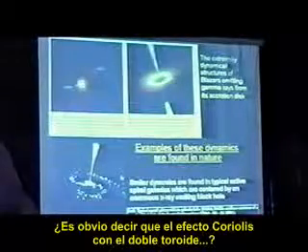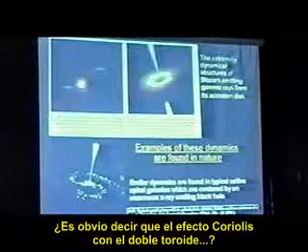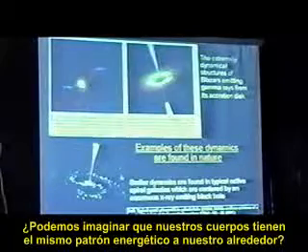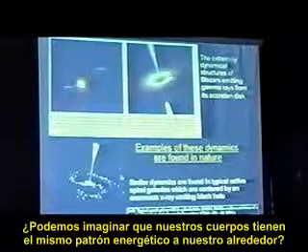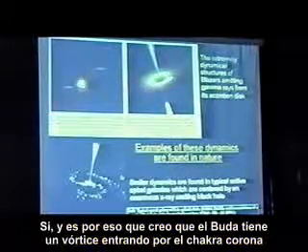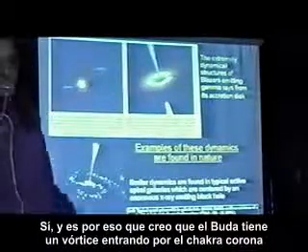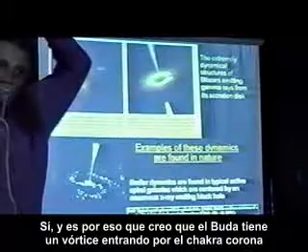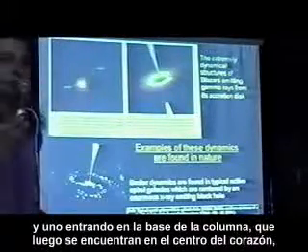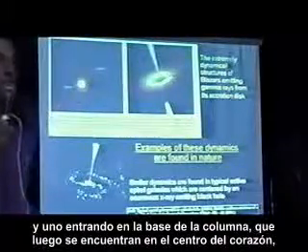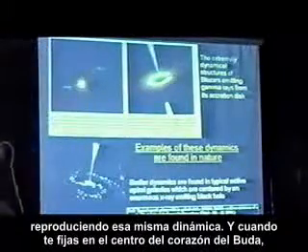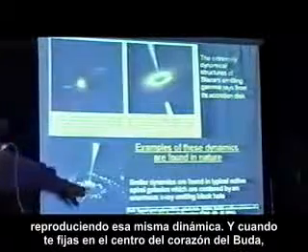Go ahead. Are you saying, the obvious, that with the double torus Coriolis effect we can imagine that our bodies have that same type of energy pattern around us? Yeah, you would, and that's why I think that the Buddhist shows a vortex entering at the crown chakra and entering at the root of the spine, and then meeting in the heart center, reproducing that very dynamic.